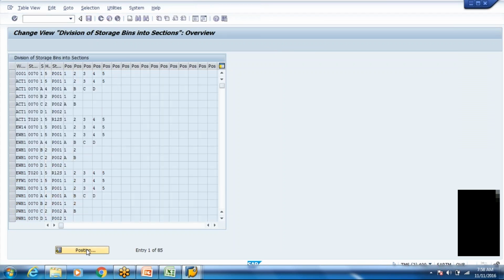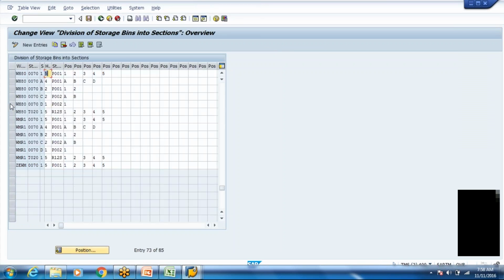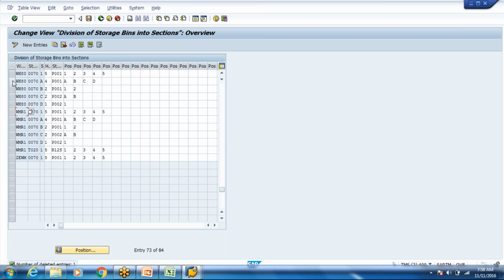So what we are going to do is, first we'll say what kind of sections we want. So let's say we'll give a name ABCD, or let us give 1, 2, 3, 4, 5. So we are going to have 3 kinds of sections.